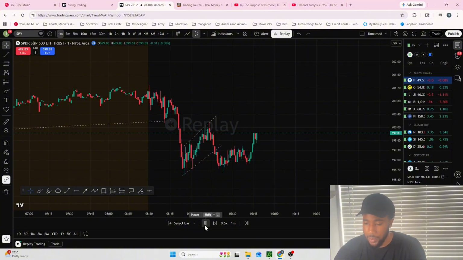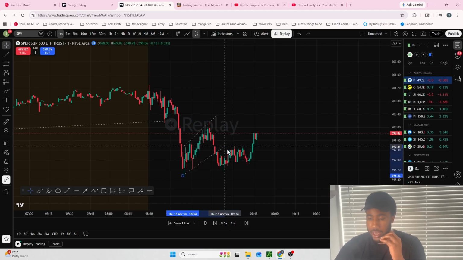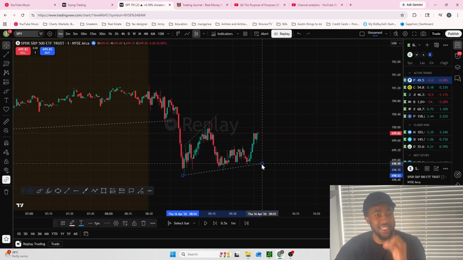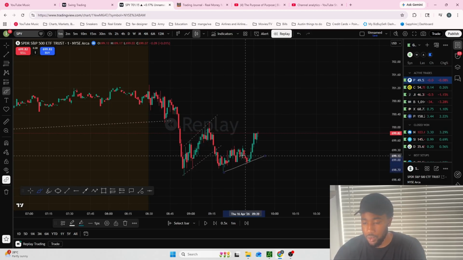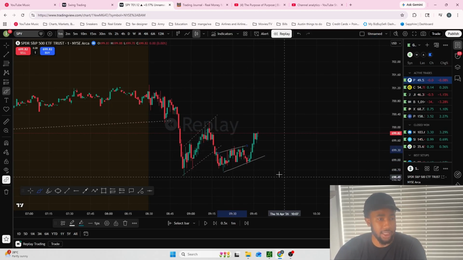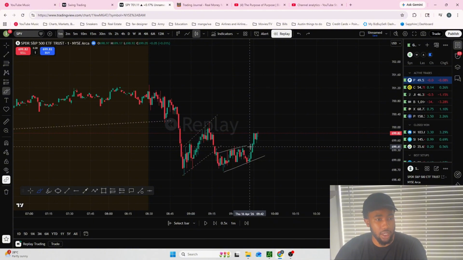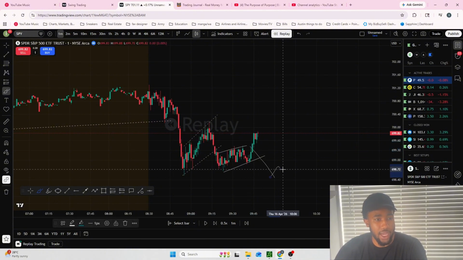What I end up doing is I understand that, okay, this is how I need to look at the chart. And as a structured trader, how you draw your trend lines is everything, right? Because I had these two lines up here, this structure and then this structure, looking for this move down.